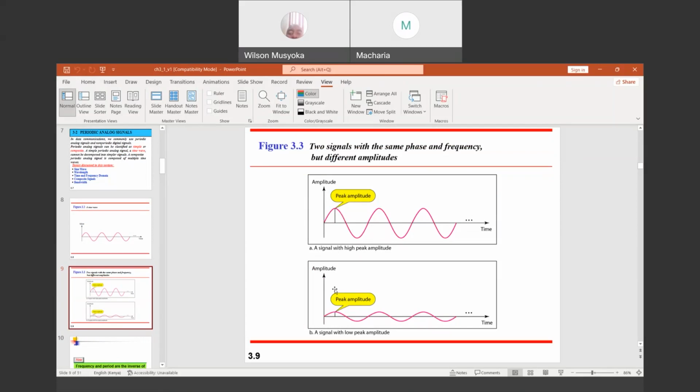If you look at these two, one has a very high peak amplitude, the other has a very low peak amplitude. That is how they can be different. They might have the same phase and the same frequency, but different amplitudes.